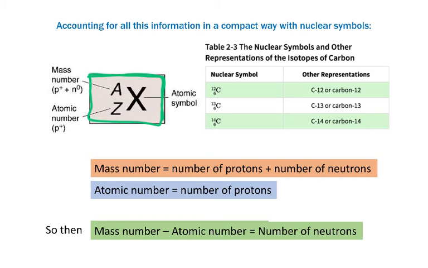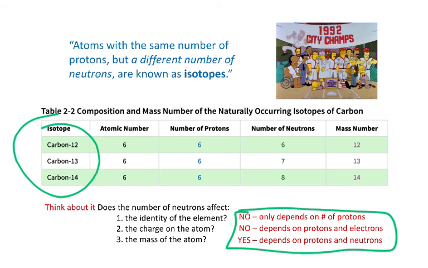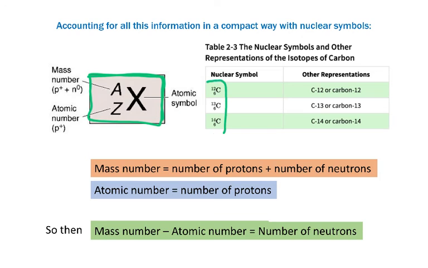A superscript to the left is the mass number, which is the number of protons plus neutrons. And the subscript to the left is just the number of protons. So we can see carbon from here rewritten in the nuclear symbol notation or representation.